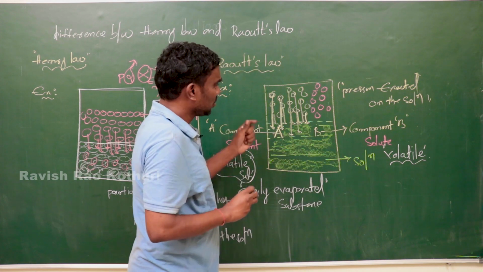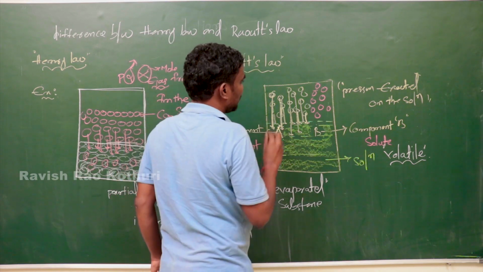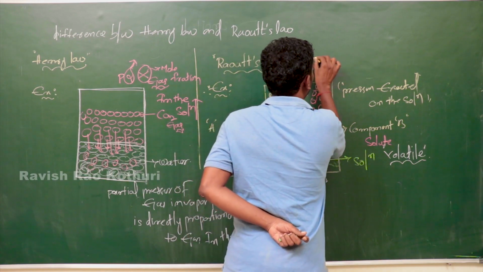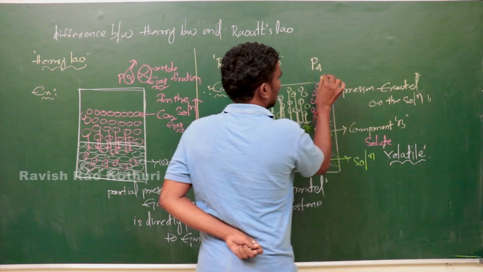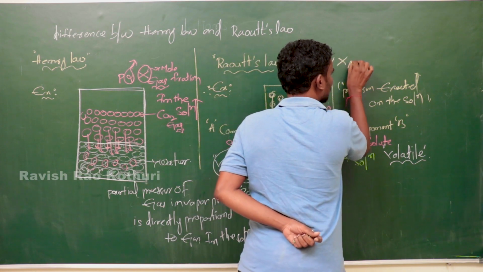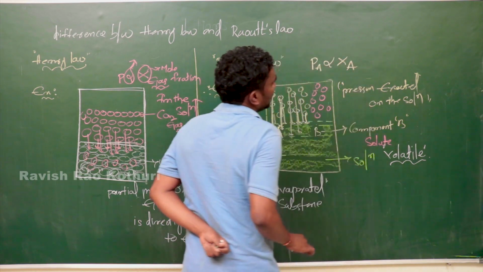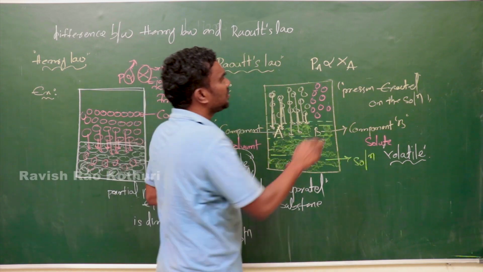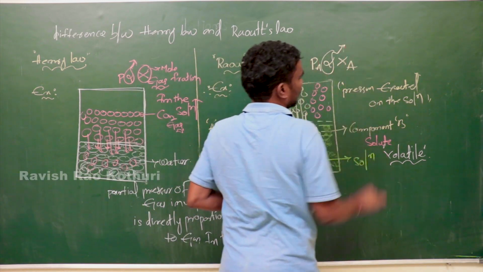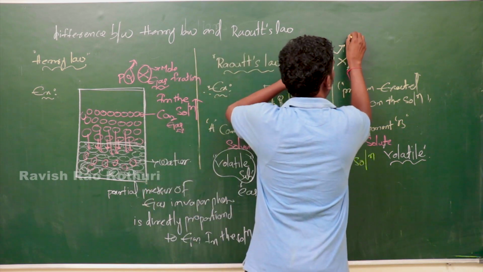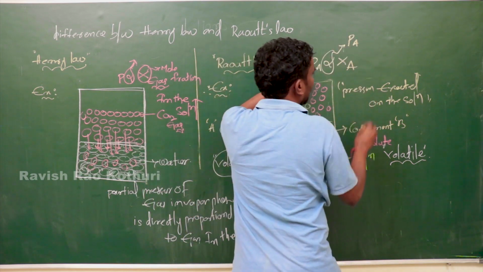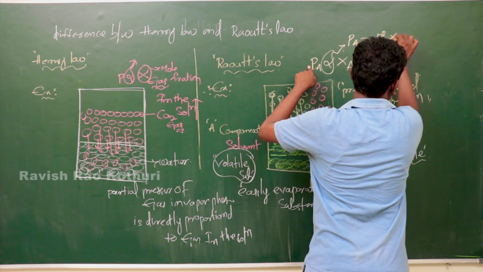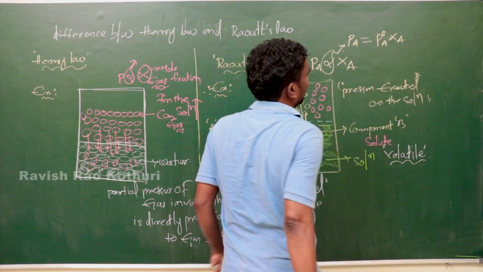According to Raoult's law, what is described here? Observe carefully, my dears. Here, partial pressure of A is directly proportional to the mole fraction of A, right? See, this is Raoult's law explained, my dears. If you take out this proportionality, what happens? Partial pressure A equal to P naught A into mole fraction of A.